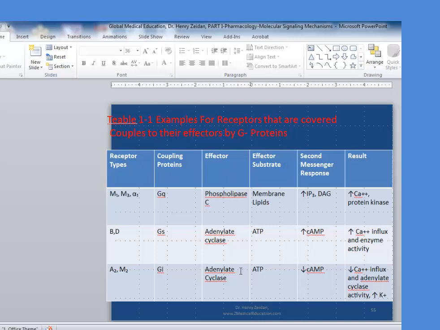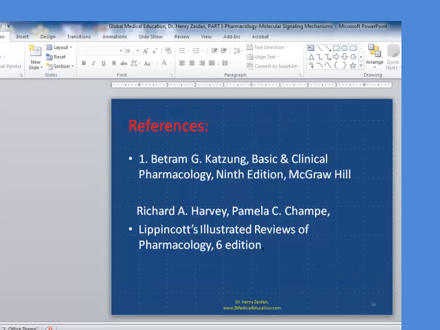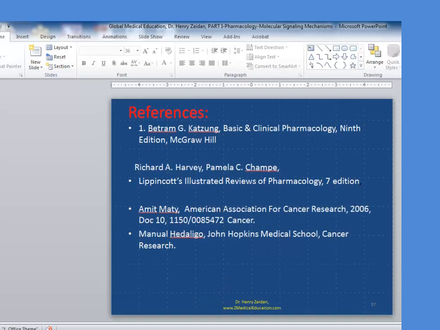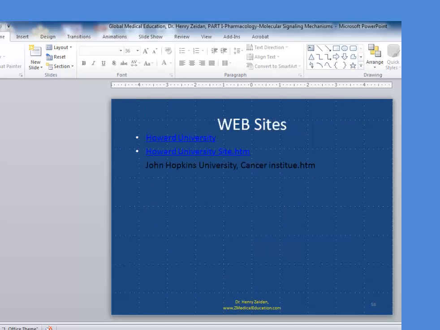When you deal with alpha 2 receptors and M2 receptors, you're dealing with GI coupling proteins, inhibition of adenylyl cyclase, decreasing the level of cyclic AMP, decreasing calcium influx and enzyme activity, increasing potassium. And with that, I completed this section. So you are ready to proceed on.